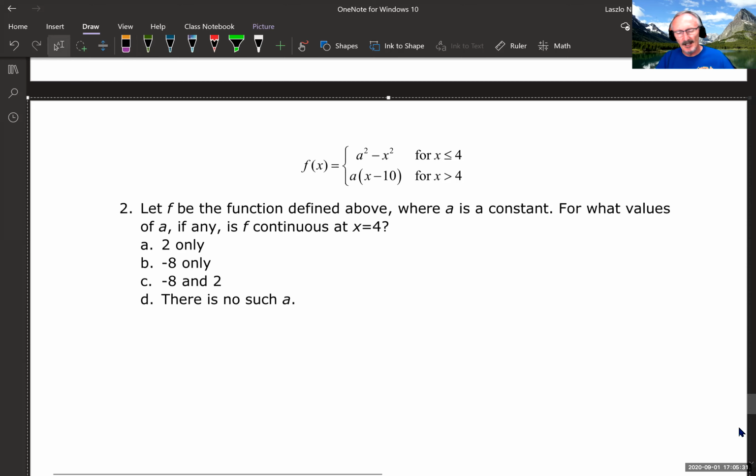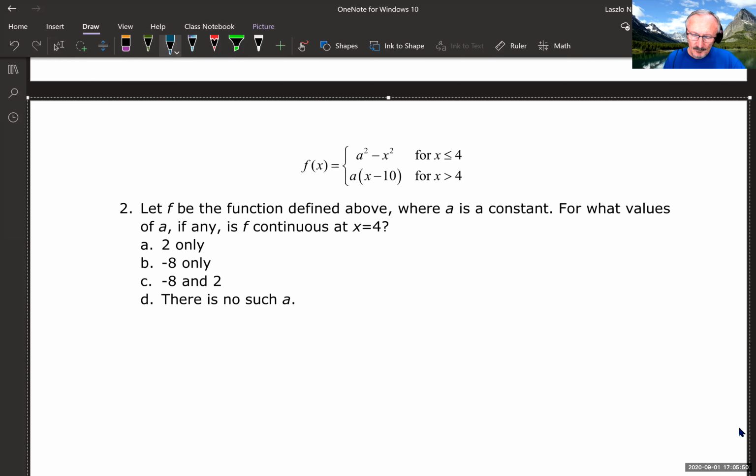1.13. And we have a piecewise defined function with a literal constant a. And let f be the function defined above, where a is a constant. For what values of a, if any, is f continuous at x equals 4? Well, let's investigate.